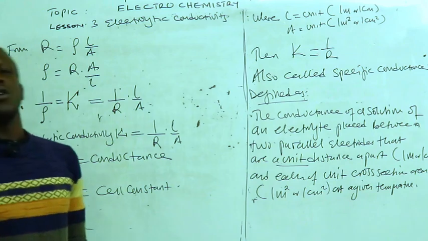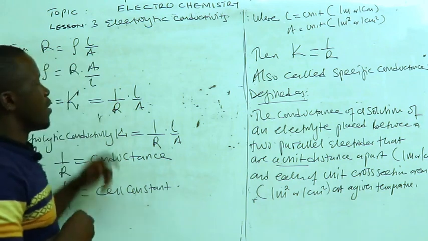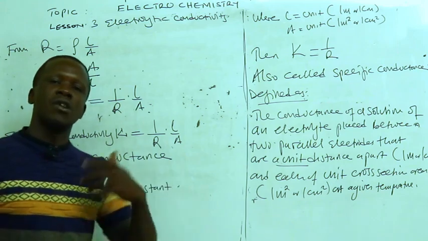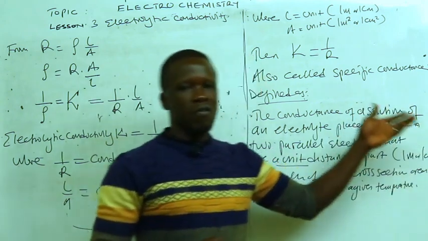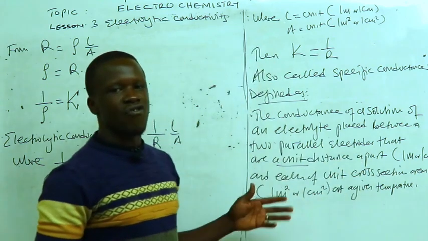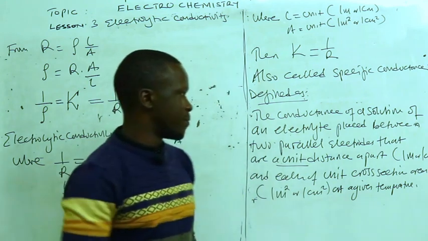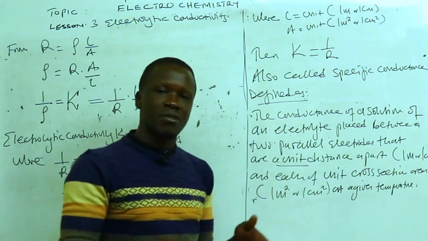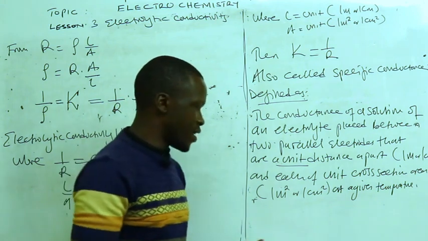So if we don't want to define electrolytic conductivity as the reciprocal of resistivity at a given temperature, we can also define it as the conductancy of a solution of an electrolyte placed between two parallel electrodes that are a unit distance apart, and each has a unit cross-section area, which means 1 meter squared or 1 centimeter squared, at a given temperature.